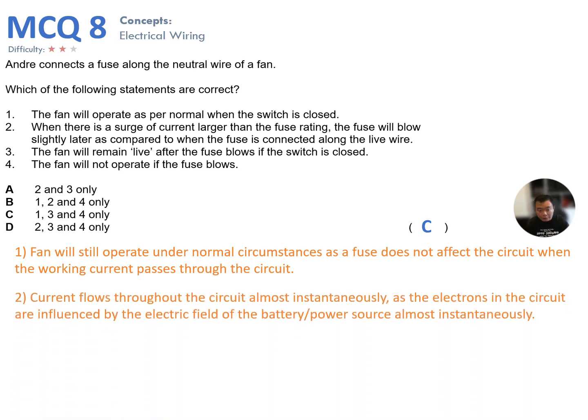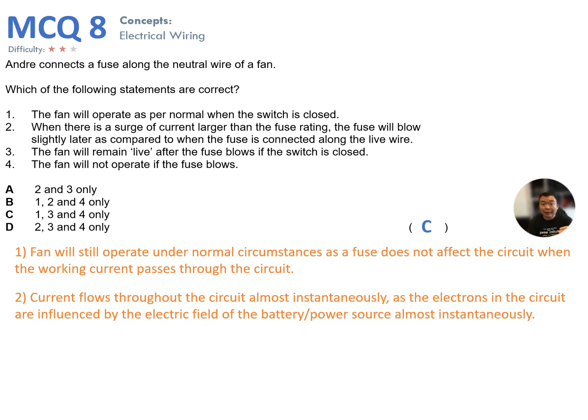Statement 2 is not correct. Electric current flows through the circuit at the same time across the whole circuit. Use the water analogy. It's like when you start to push the water in a pipe on one end, the water along the whole pipe, even the water at the other end of the pipe, will start moving almost instantaneously.